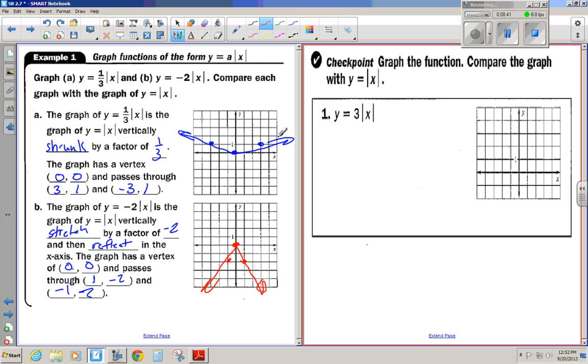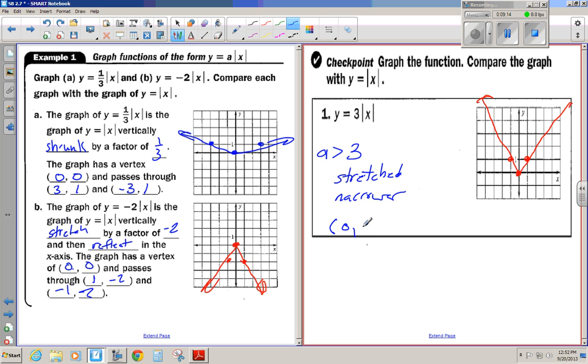All right. So let's do another one here. So y equals the absolute value of 3x starts as a nice absolute value equation like this. But then you say that since a is greater than 1, that means that it is stretched and is narrower.